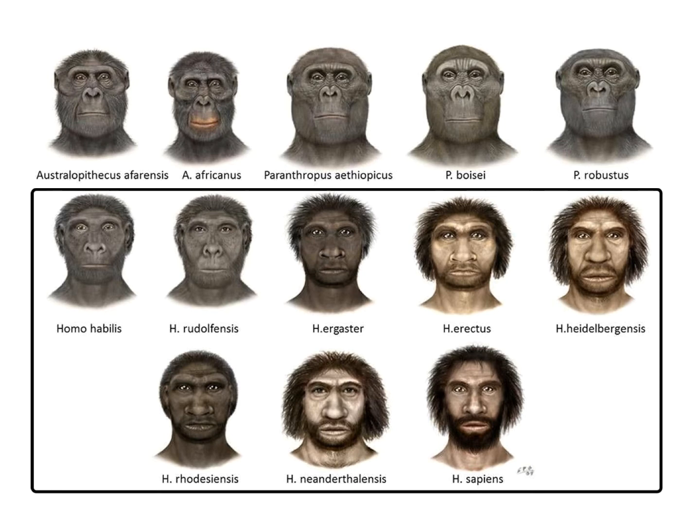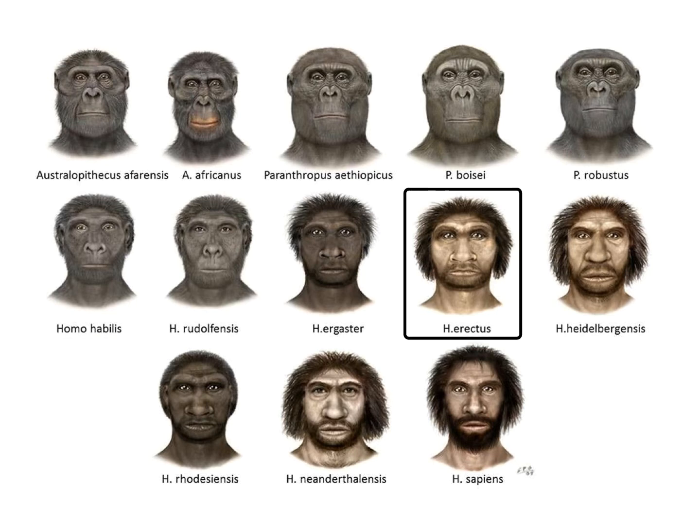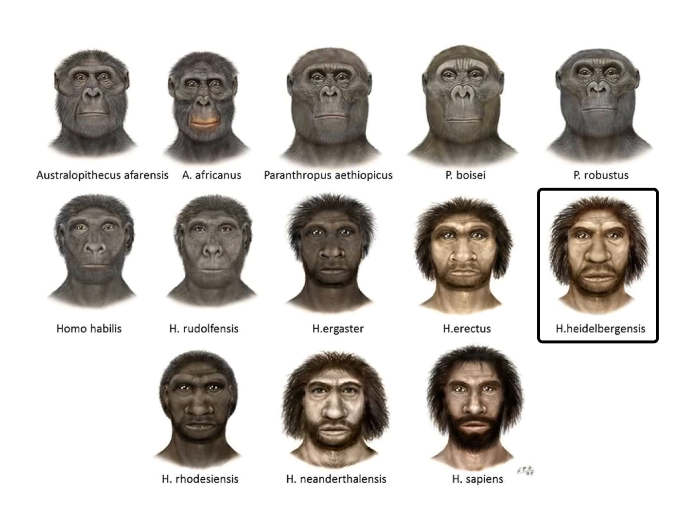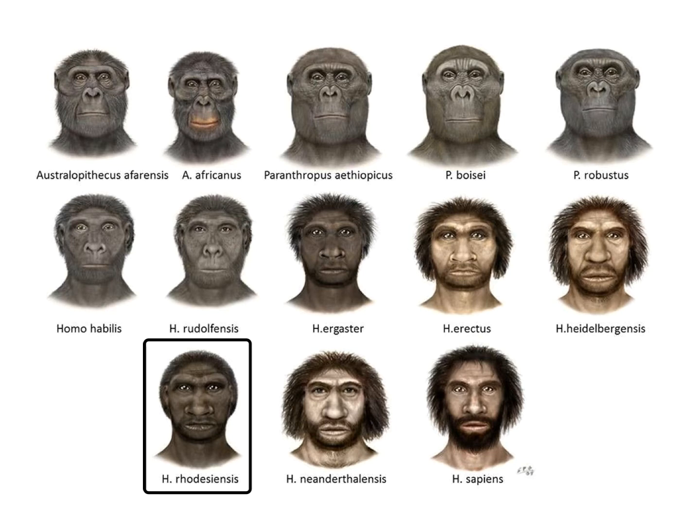And then you have the species within the genus Homo, including Homo habilis that actually survived quite a while, and Homo erectus, who also occurred early on but lasted a very long time. One line evolved into Heidelbergensis that then split into Neanderthalensis and Homo sapiens. And then this line, Rhodesiensis, sort of split off on a different line about the same time.